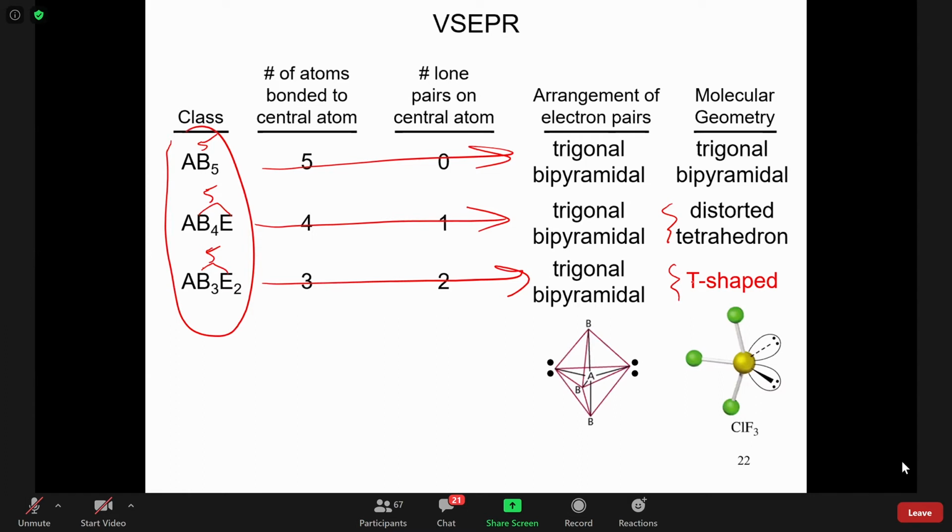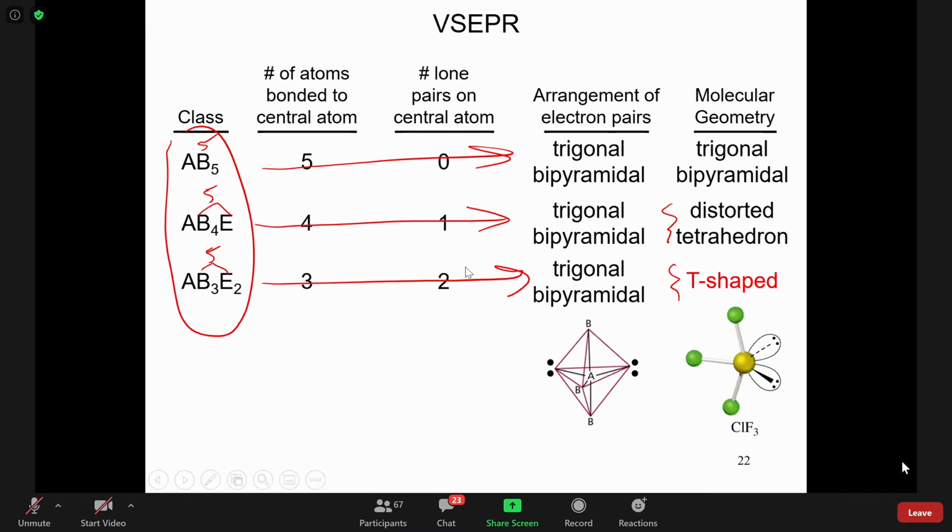Lone pairs, you can think of them really as kind of like free agents. And by definition, bonds tend to be a bit more stable, and they're already experiencing some positive attraction to the nucleus. So, yeah, lone pairs by definition are going to exert more repulsion than bonding pairs.